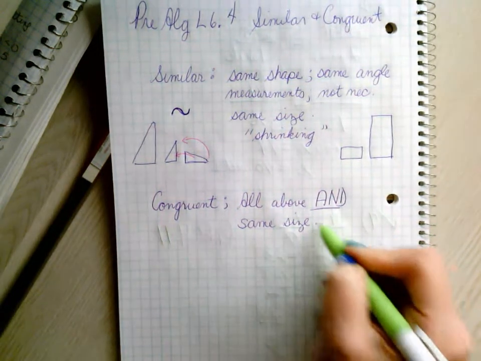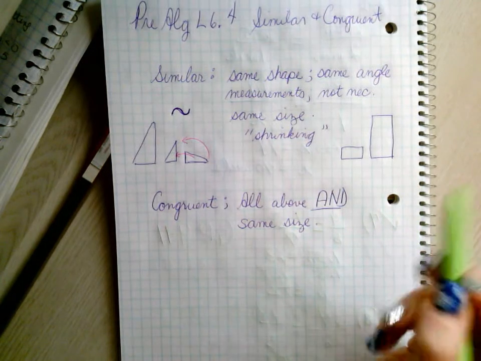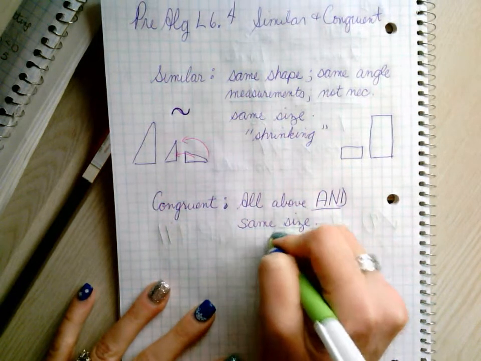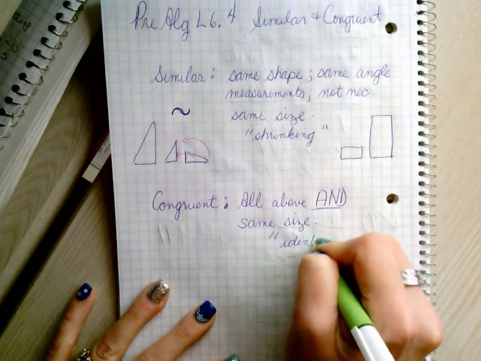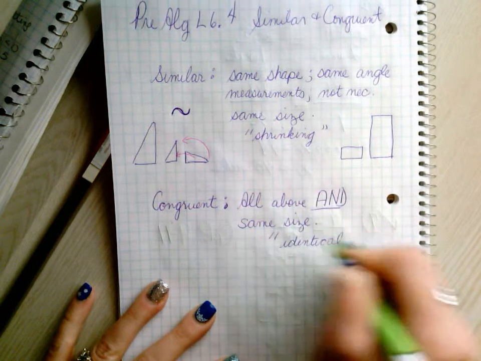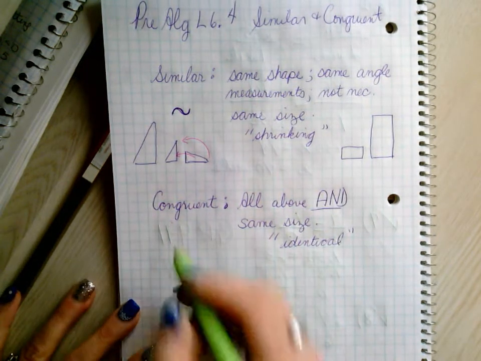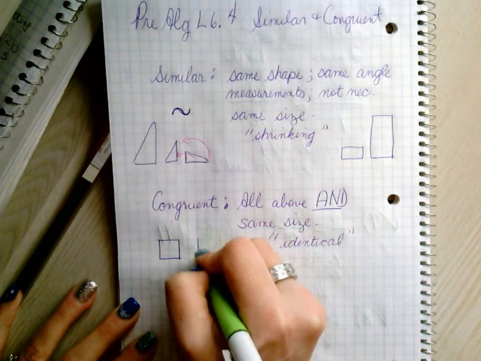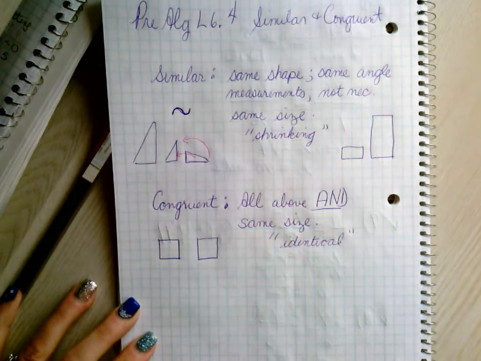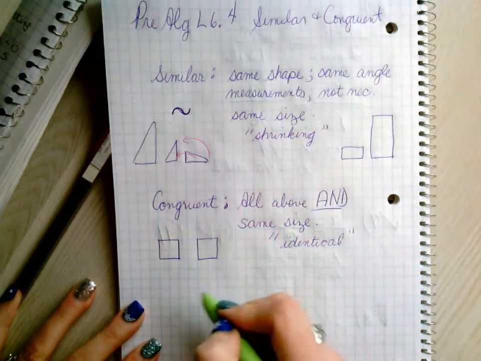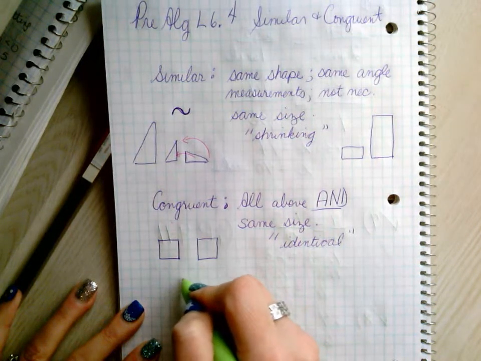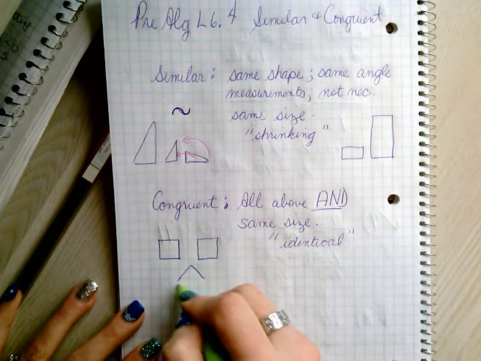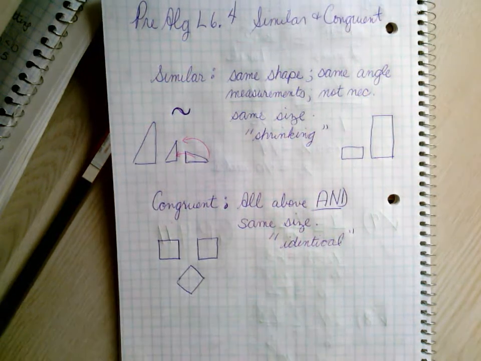Instead of saying congruent, you might think the term identical. Okay? So this guy is congruent to this guy. Okay? Which is also, by the way, congruent with this guy. I just twisted it.